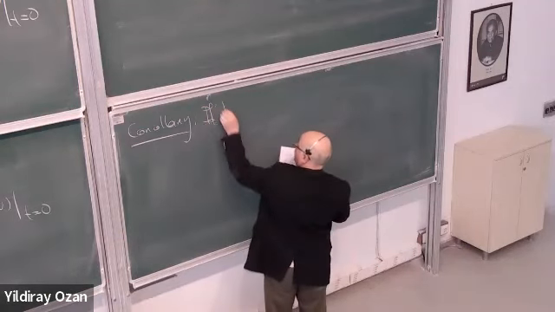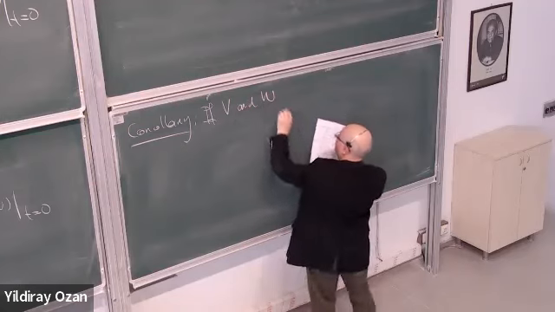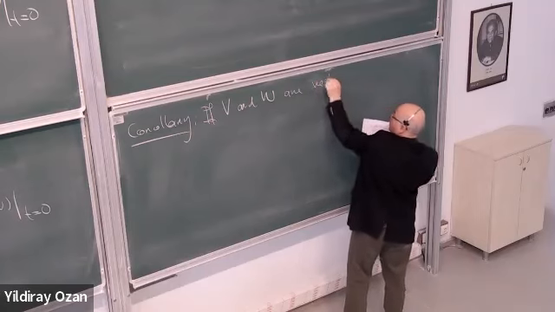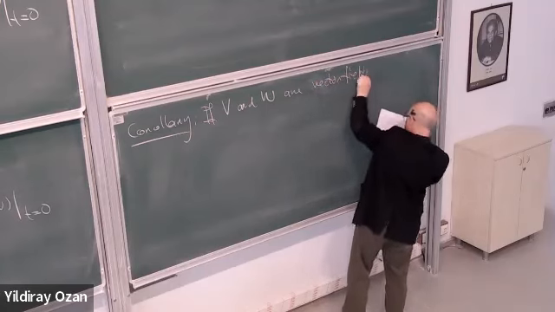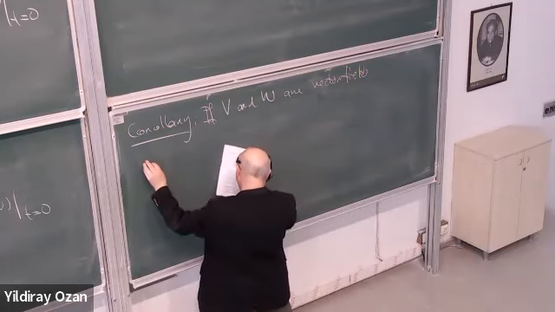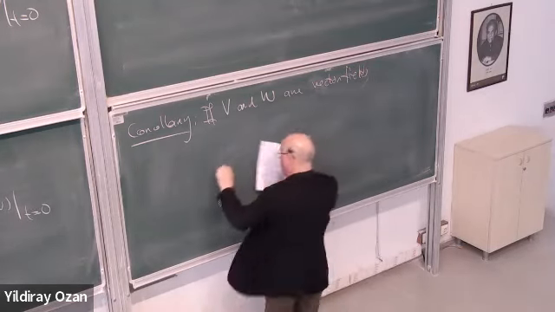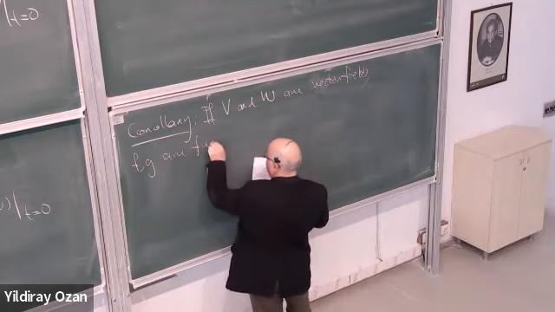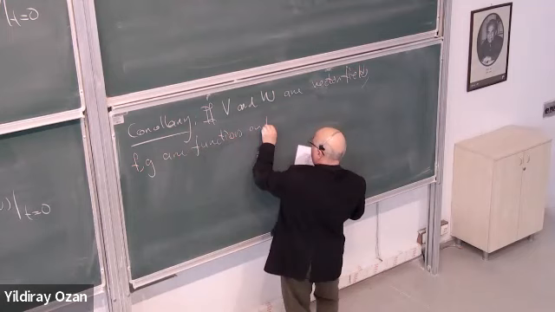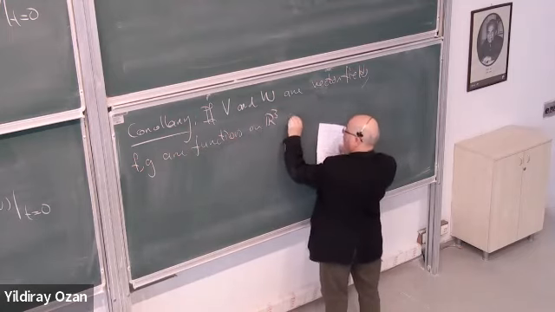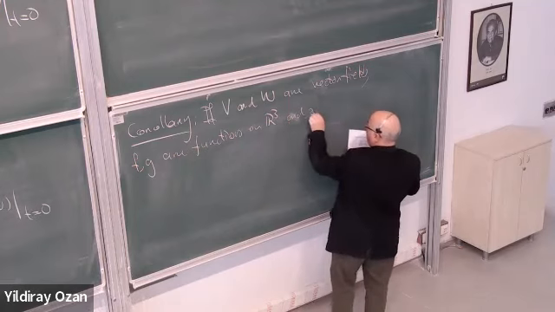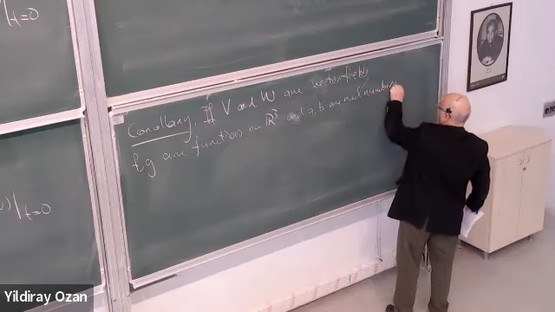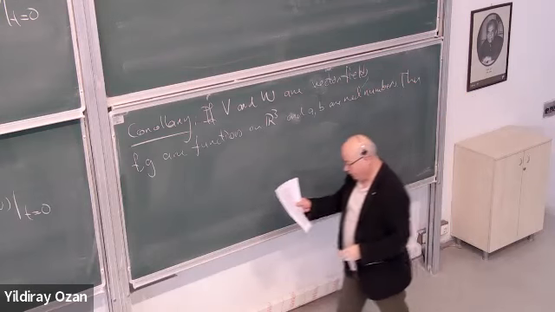Now, if V and W are vector fields, and F and G are functions on R3, and a, b are real numbers, then we have the following.